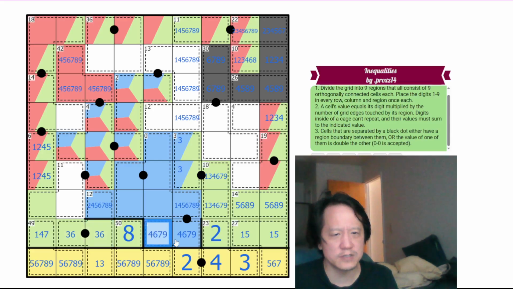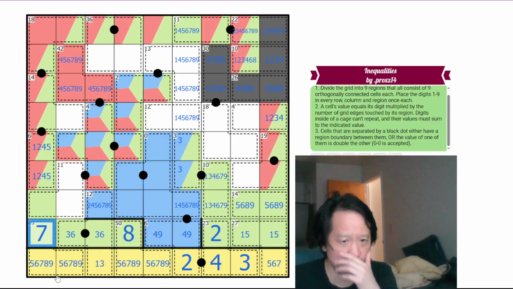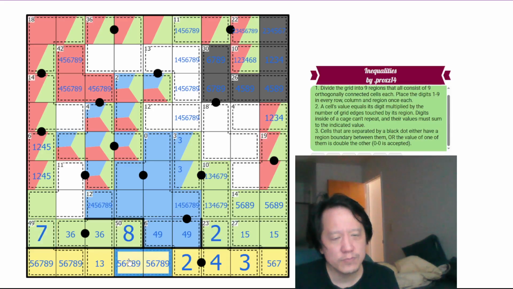It's 3, 6. That means this can't be 6 or 7. It's 4, 9. So this can't be 1 or 4. It's 7. 15 minus 8 means this can't be 7. It can't be 6, 8. It's 5, 9. Must be 7 here. And this is 6 and 8. And that works fine. Okay.